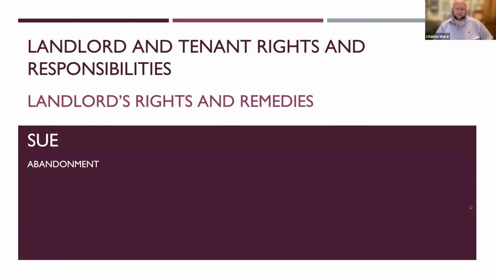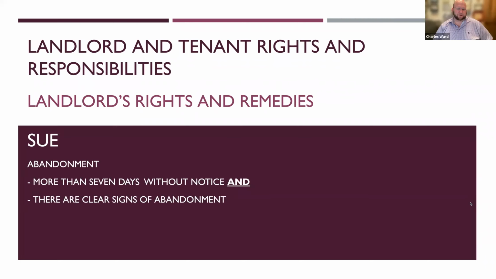But more than 7 days without notice would be considered abandonment. And there would have to be clear signs of abandonment to be able to enforce a lawsuit based on abandonment. They've taken all their possessions and gone, what have you.